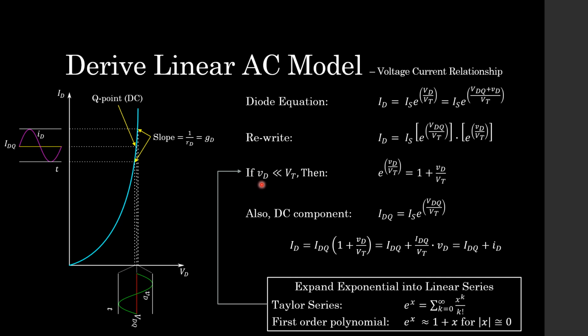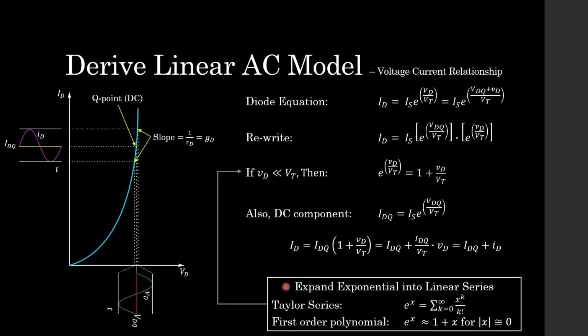If our AC voltage Vd is much less than our thermal voltage Vt, then we can do this expansion of the exponential into a linear series. Now we're going to take you back to your math. I don't know if you guys have covered this yet, but I hope you have, or I hope that you will soon.